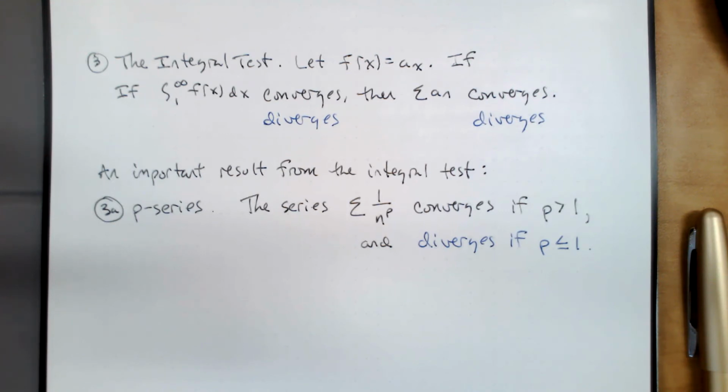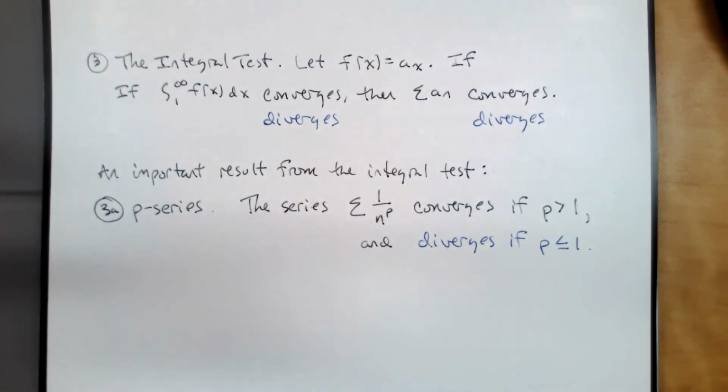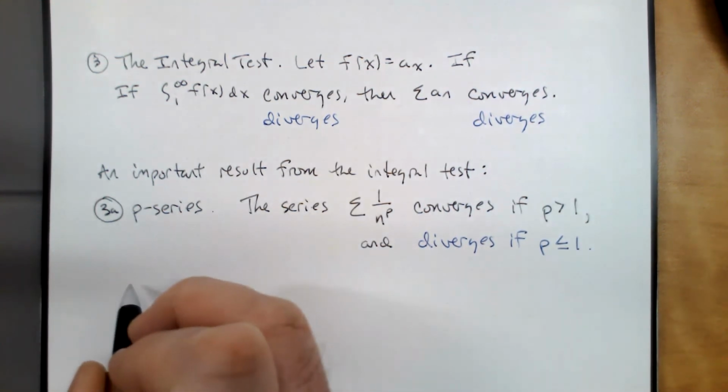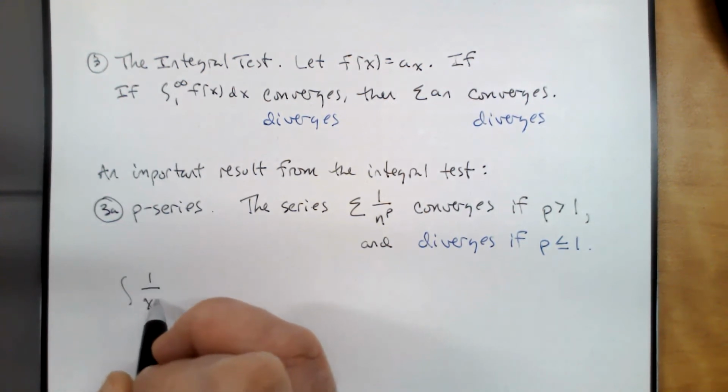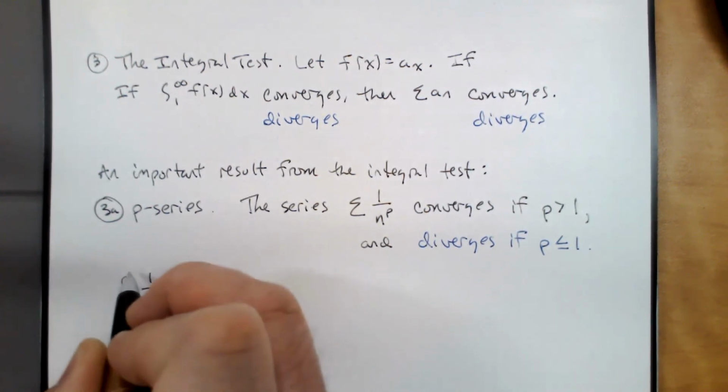So we get this from the integral test. And if we just look at the improper integral, 1 over x to the p from 1 to infinity.